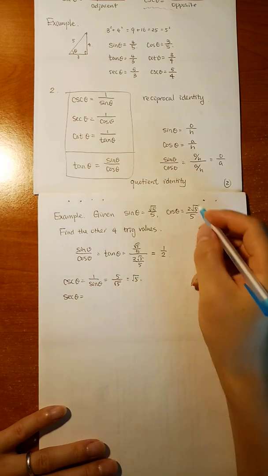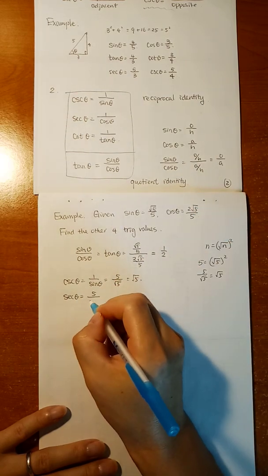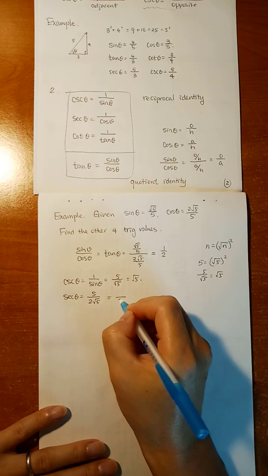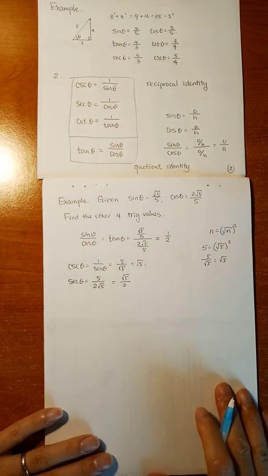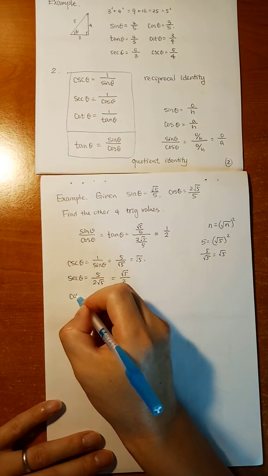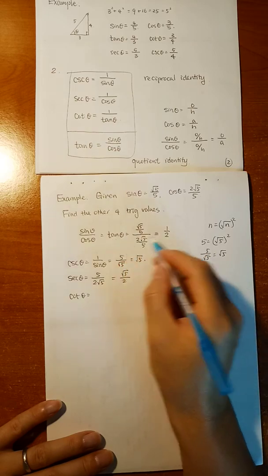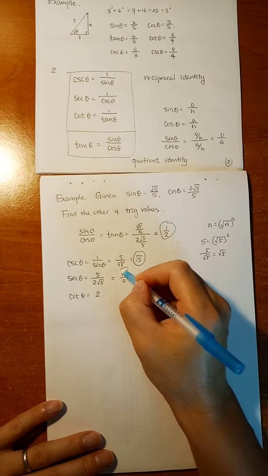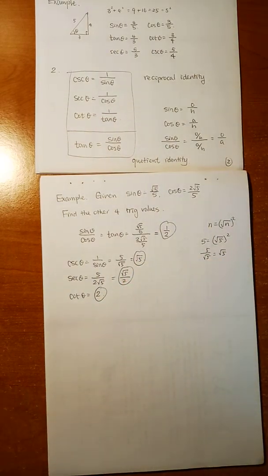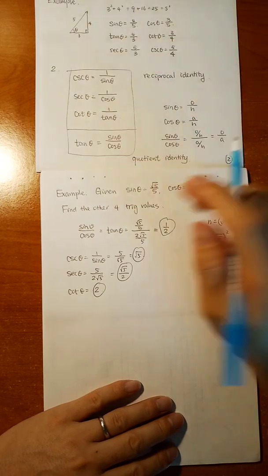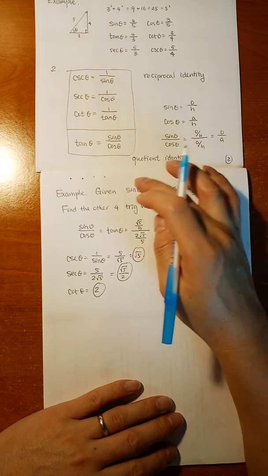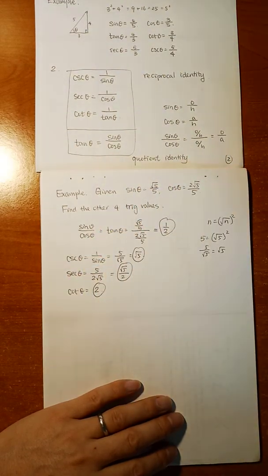Secant theta, you switch them, so it's 5 over 2 square root of 5. 5 over 2 square root of 5 is root 5 over 2. And cotangent theta is 1 over tangent. The reciprocal of 1/2 is 2. So we get 1, 2, 3, and 4 values. Okay, so you start from the sine and cosine, you compute the tangent, and when you get the sine, cosine, tangent, you flip them. You get the other 3 trigonometric functions.